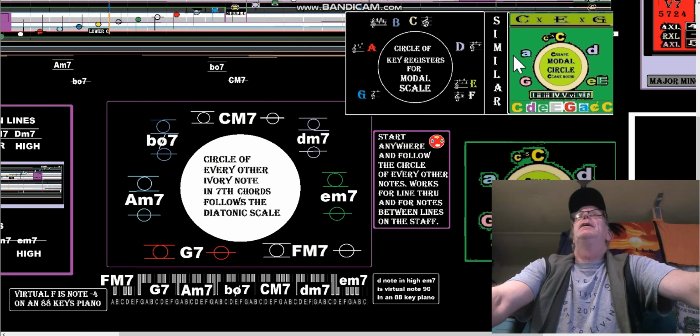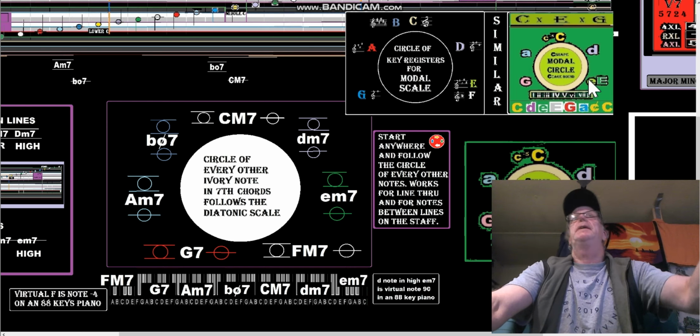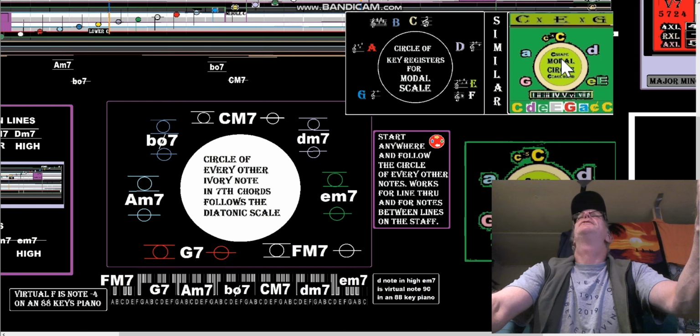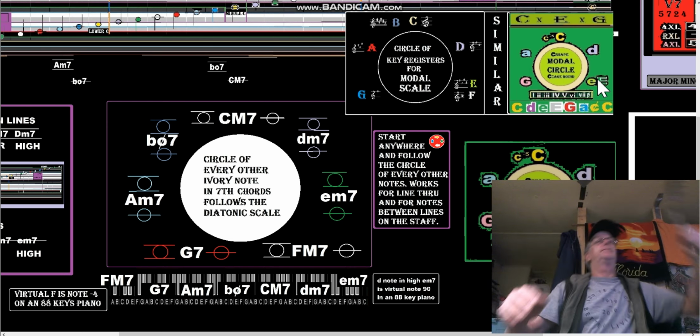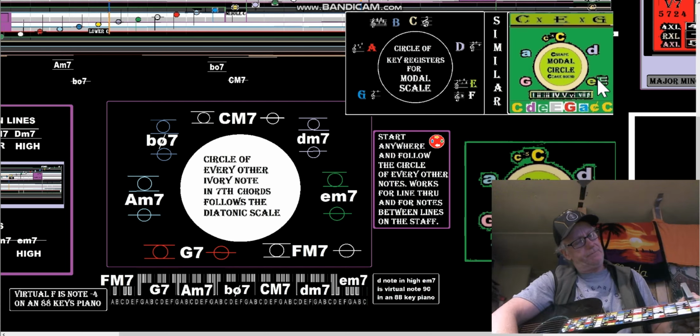276. Okay, so we got a regular thing. We got C, D minor, E minor, F, which is just an E shape. These are shapes now. It says shape modal circle. These are chord shapes, right? I guess we're getting off on another tangent.